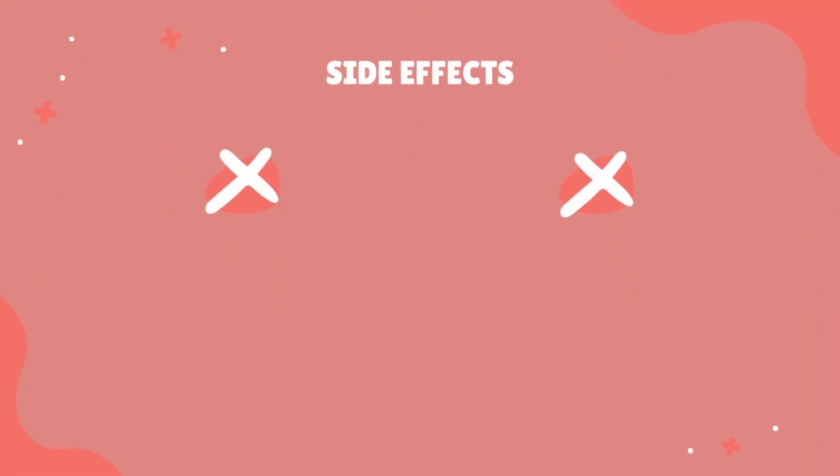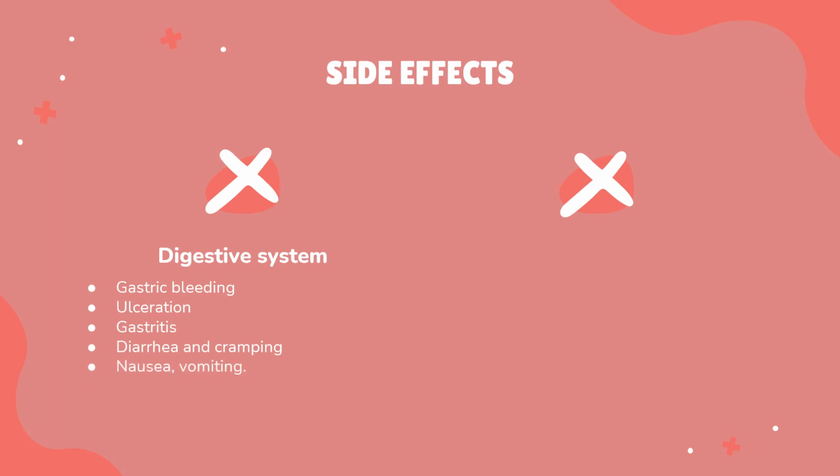What are the side effects of Aldactone? Aldactone may cause some common side effects on the digestive system, including gastric bleeding, ulceration, gastritis, diarrhea and cramping, nausea and vomiting.